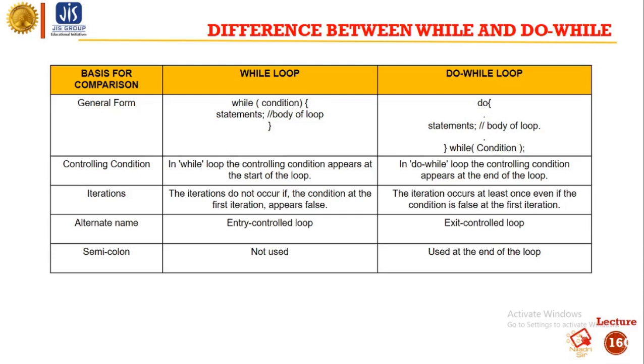But do while loop is called exit control loop because the condition is at the end of the do while loop. The next one is the semicolon. A semicolon is not used in case of while loop. After the condition there is no semicolon, but in case of do while loop, there is a semicolon at the end of the loop. So these are the differences between while and do while loop.